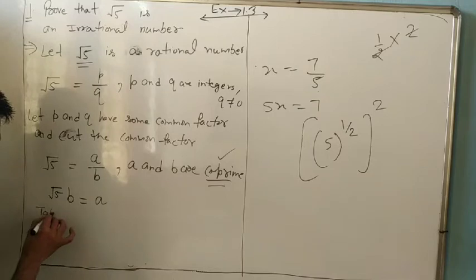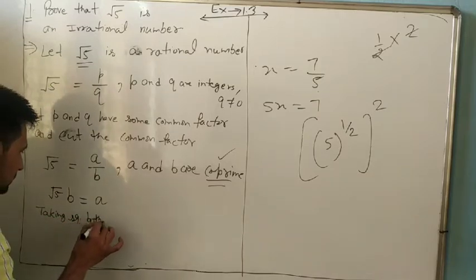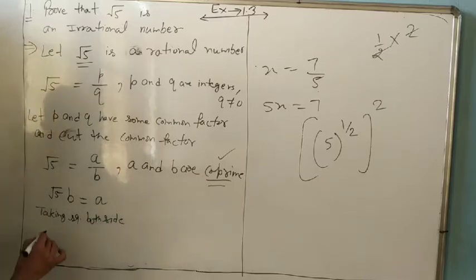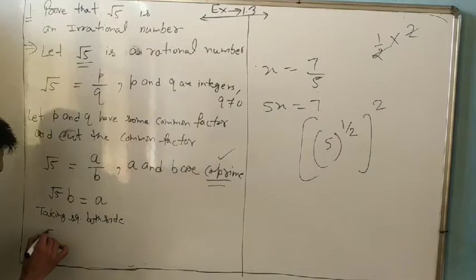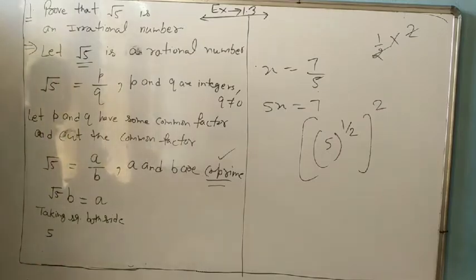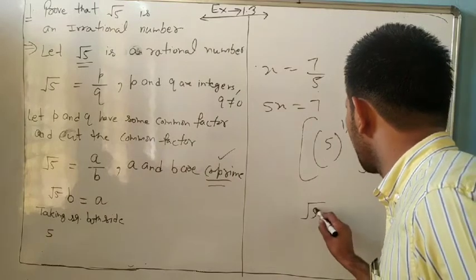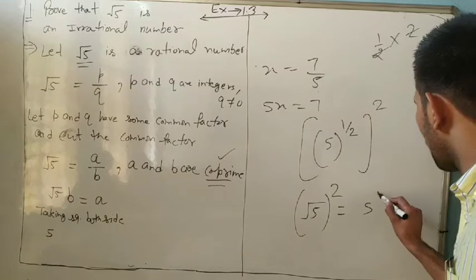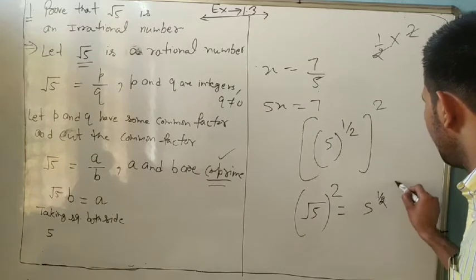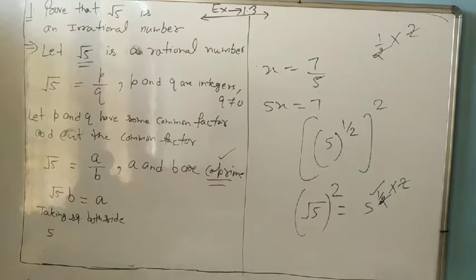So taking the square on both sides. Look now. It becomes the square of root 5 times B squared. Square of root 5: the power is 1 by 2 into 2, the 2s cancel, and what remains? 5.